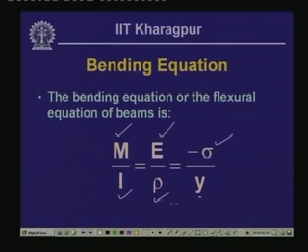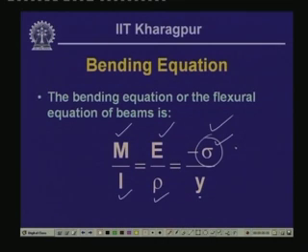In a beam at a particular cross section, if we are interested to evaluate the bending stress, the location of that point with reference to the neutral axis will be known, and hence the distance y will be known. I is the moment of inertia of the cross section with respect to the neutral axis, and M is the bending moment acting at that particular section. So, once we know these parameters, we can compute the value of sigma.